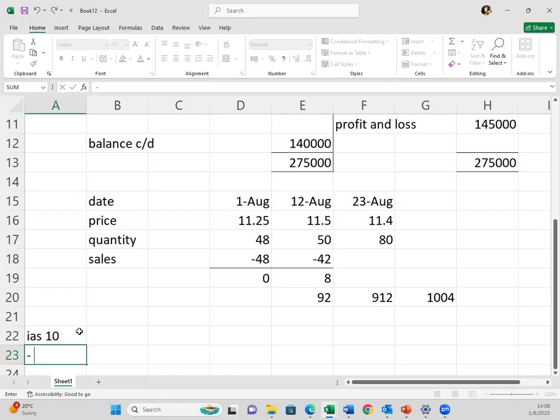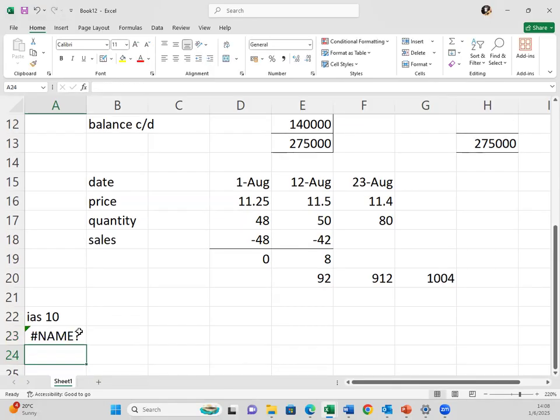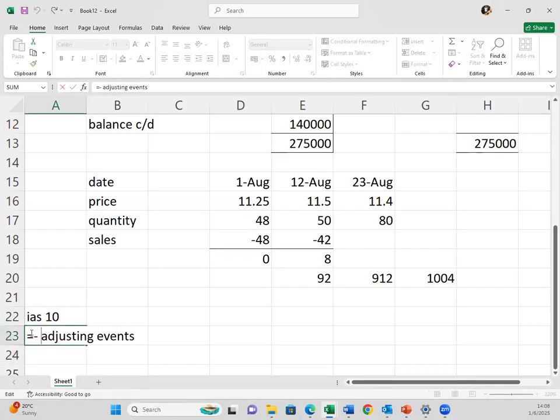So IAS 10 says we have adjusting events and we have non-adjusting events. A certain event can either fall under the criteria of being an adjusting event or it can be a non-adjusting event.